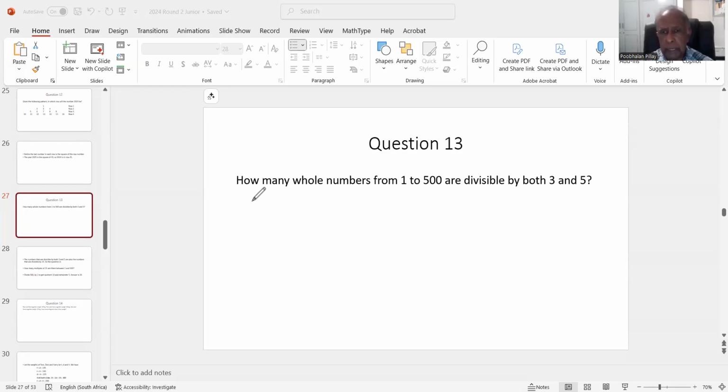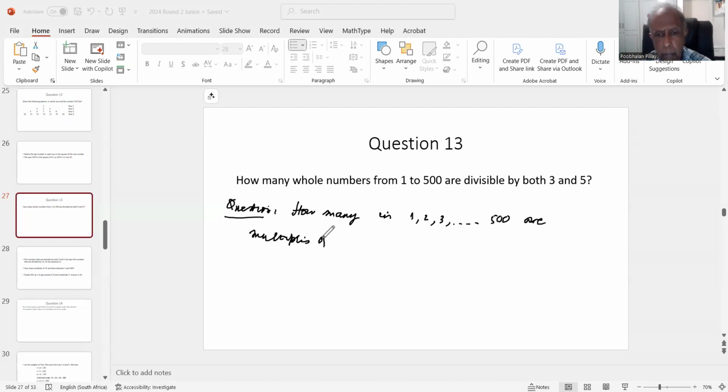So the question is now, how many numbers in the set from 1 up to 500 are divisible by 15, or you can say are multiples of 15? So really, that is the question.